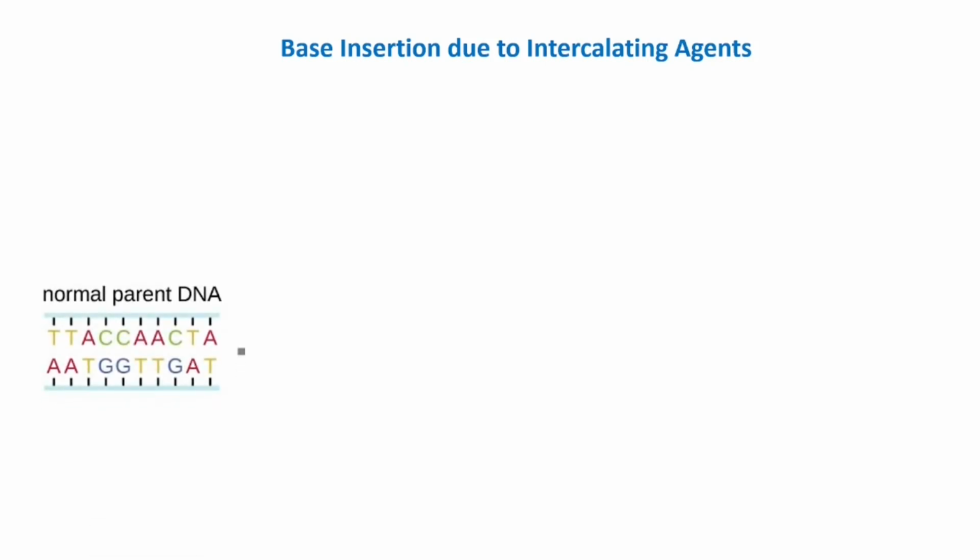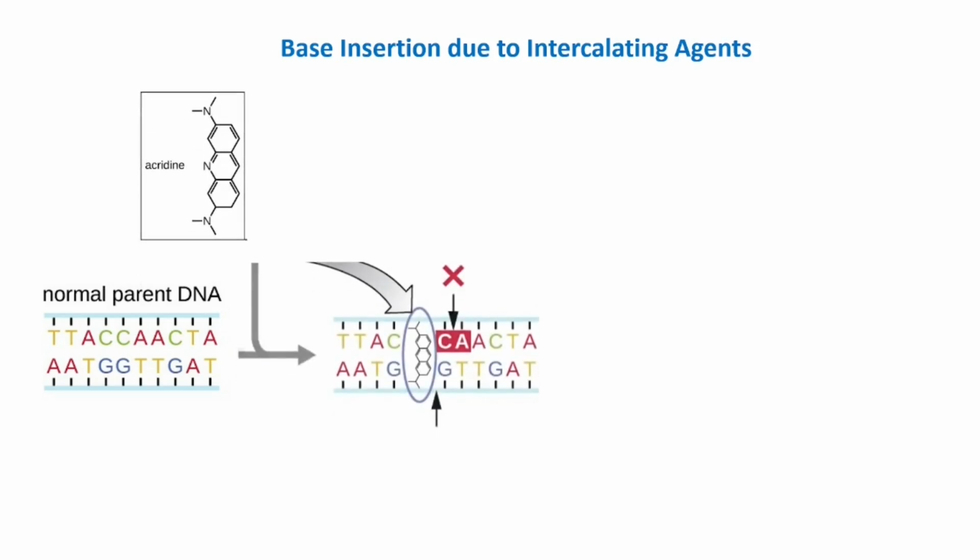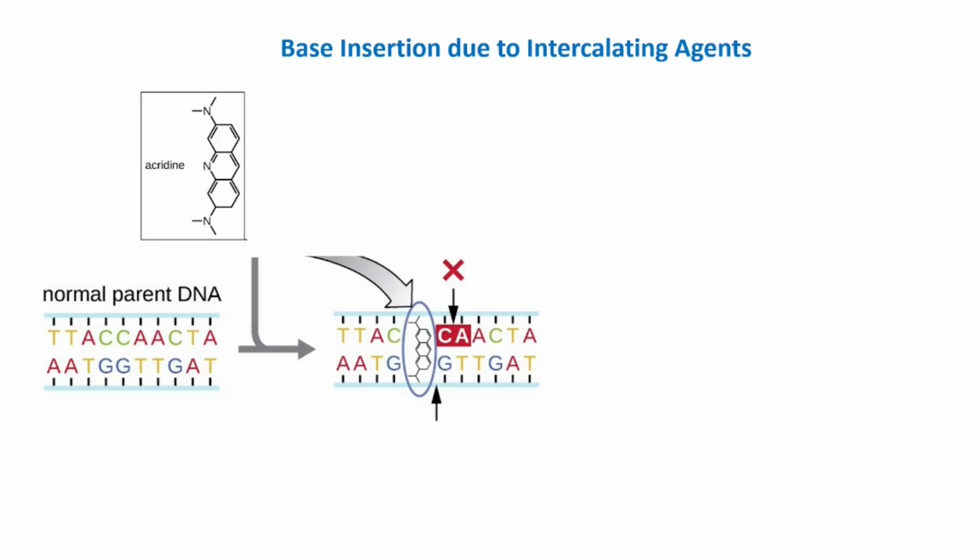Now, this is a DNA duplex. An intercalating agent like acridin orange inserts itself between two adjacent base pairs of the DNA strand by pushing away adjacent base pairs by a distance equivalent to the thickness of a base pair.